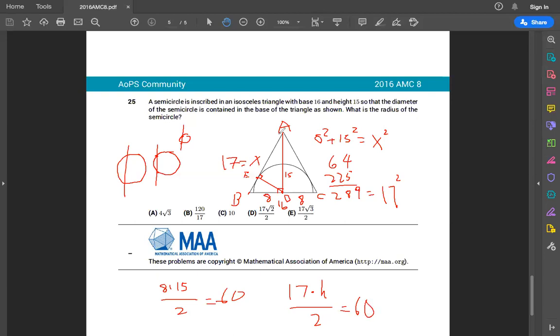Right? The area of this triangle hasn't changed, so we should still get 60. And if we just rearrange a little bit, we'll get 17 times the height is 120, or the height is 120 divided by 17. So that's B.